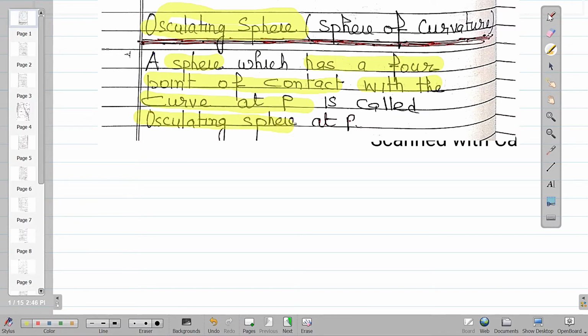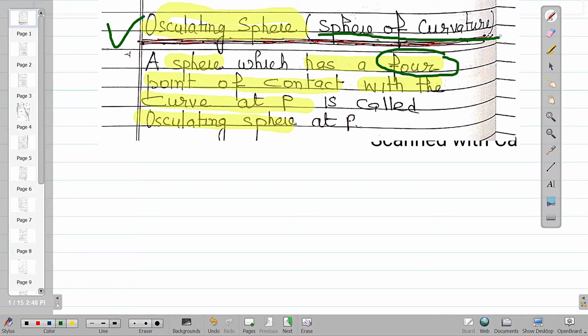Remember, it has 4 points of contact with the curve at a point P. That sphere is called an osculating sphere. The second name of this sphere is the sphere of curvature.